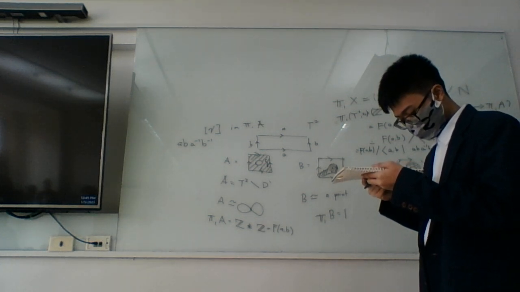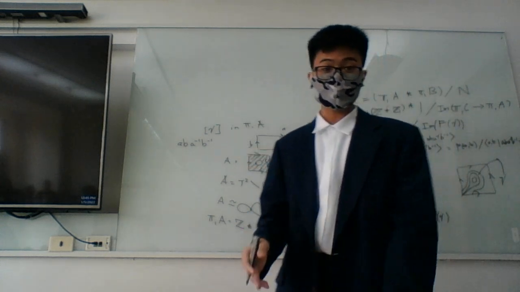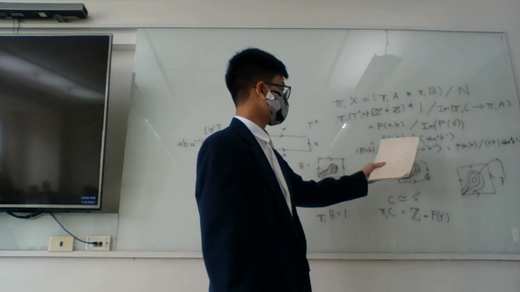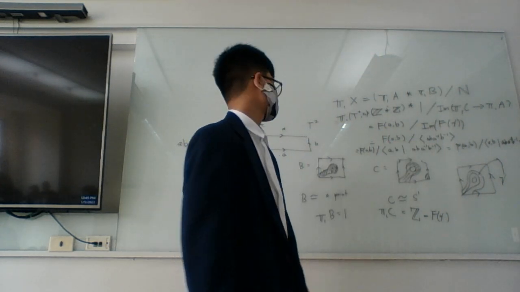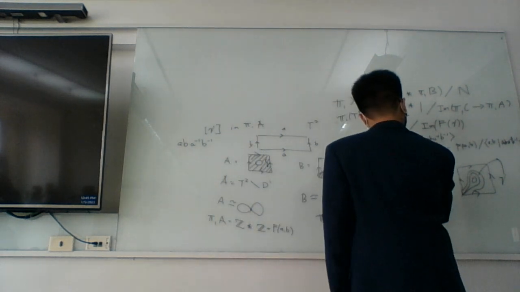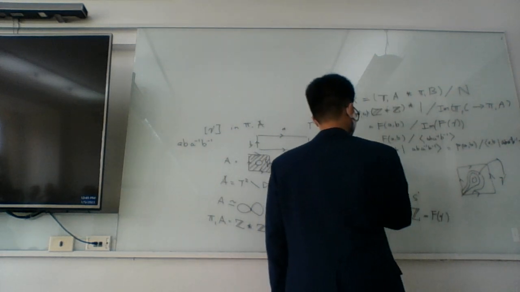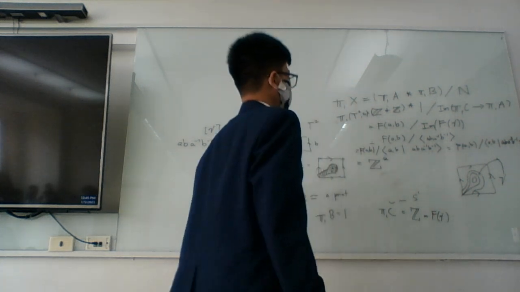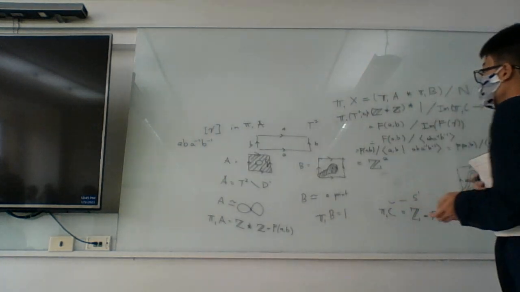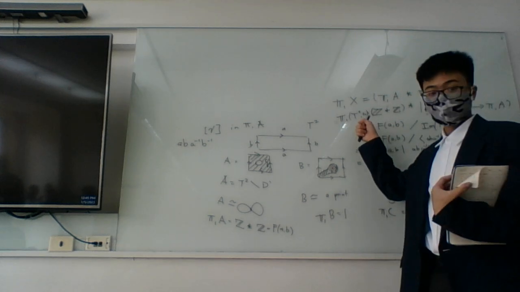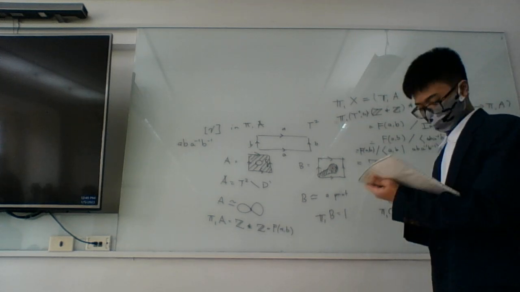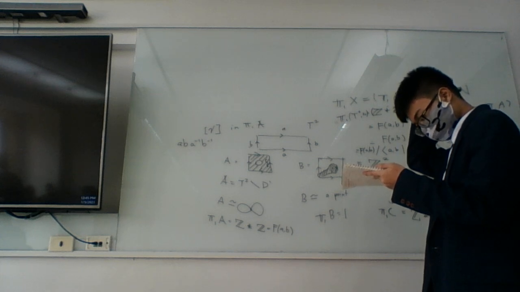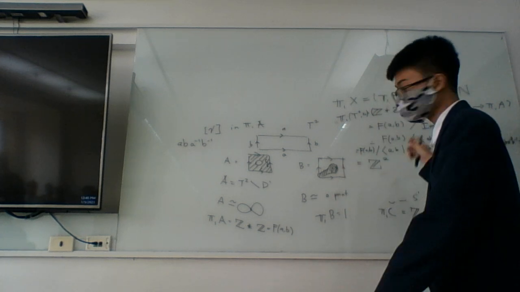So all of that is to say, all of this is just Z2. So it's just Z2. So the fundamental group of the torus is Z2, or the free abelian group on two generators.